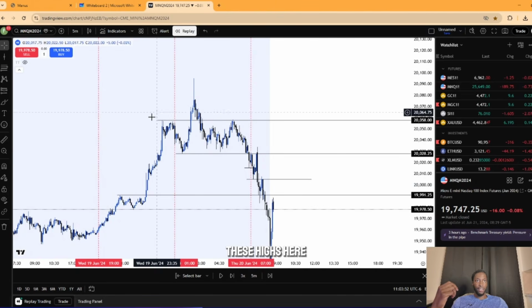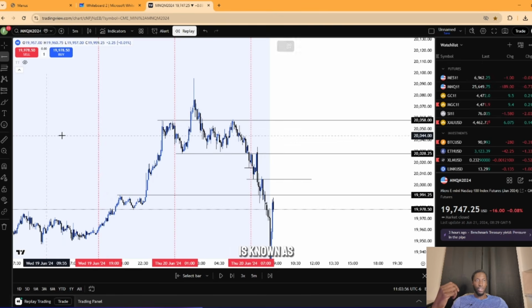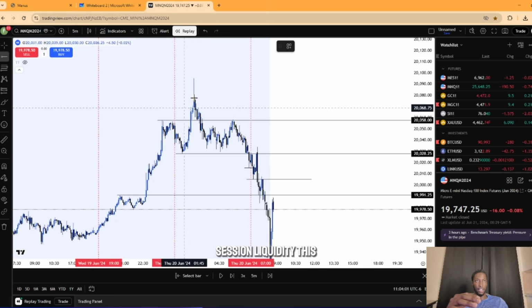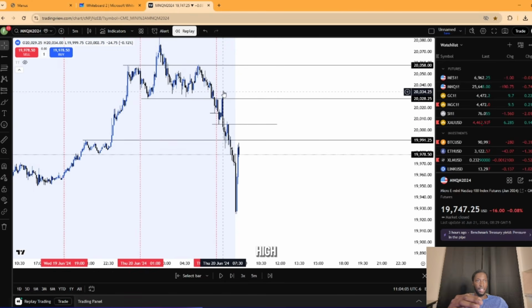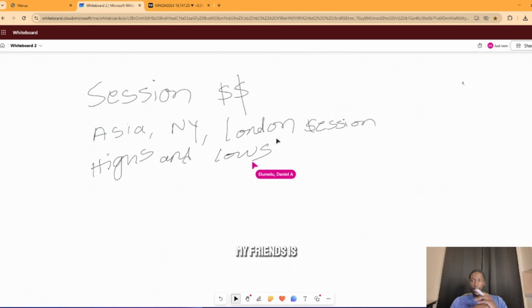The highest point in each session is known as session liquidity. This high, the very highest point in this session, session liquidity. This high, the highest point in this session, session liquidity. This high, the highest point in this session, session liquidity. That, my friends, is session liquidity.